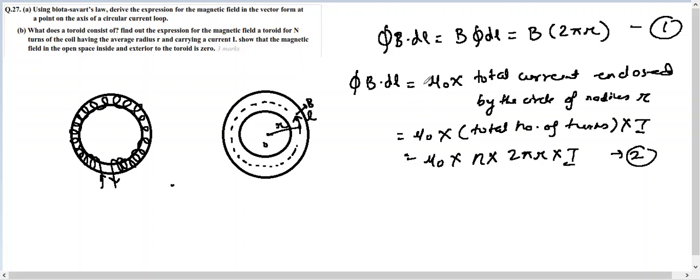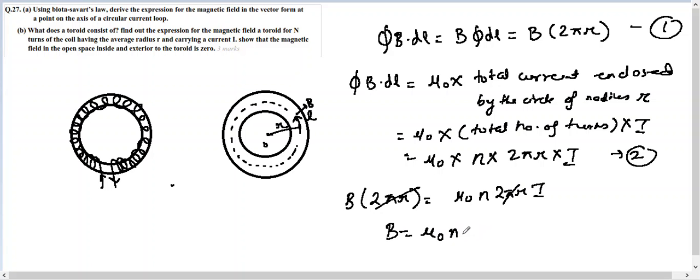We are comparing, that is, the LHS of both of them are the same. So B into 2 pi r is equal to mu naught n 2 pi r into I. Cancelling the 2 pi r's, we are left with B is equal to mu naught n I, where n is the number of turns per unit length.